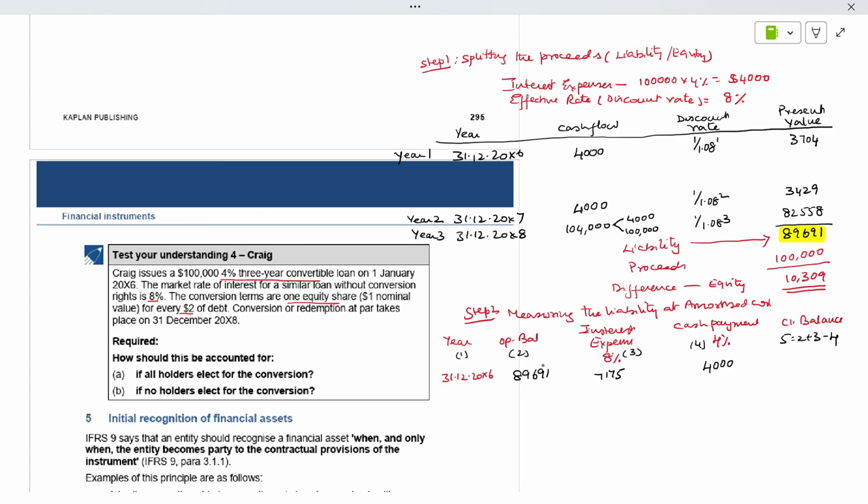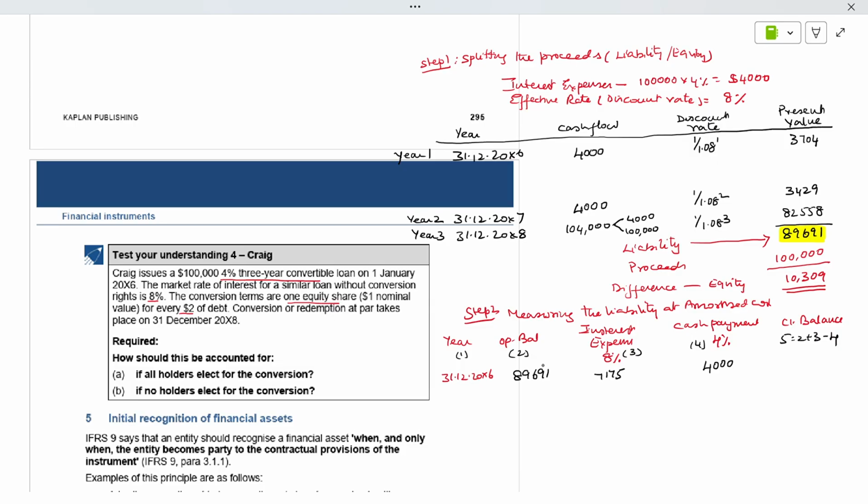89,691 plus 7175 minus 4,000. Any one of you do it in Excel. I will be very slow there. If you are doing it in Excel, at least plan from tomorrow. We have to do it in Excel.